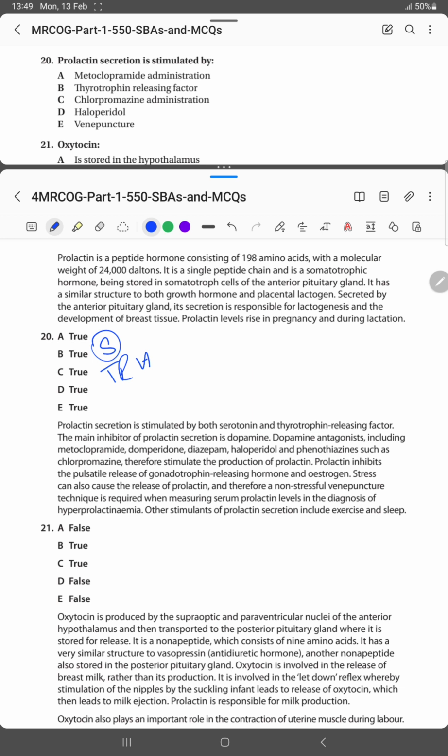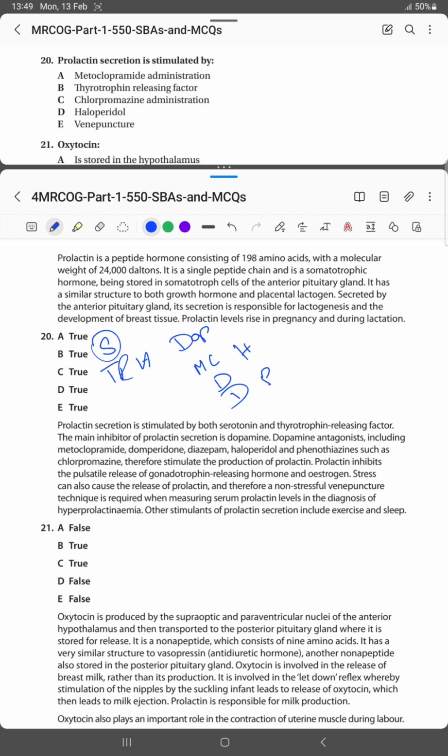The main inhibitor of prolactin secretion is dopamine, and dopamine antagonists include metoclopramide, domperidone, diazepam, haloperidol, and phenothiazines such as chlorpromazine. Therefore, these stimulate the production of prolactin, because they are dopamine antagonists.